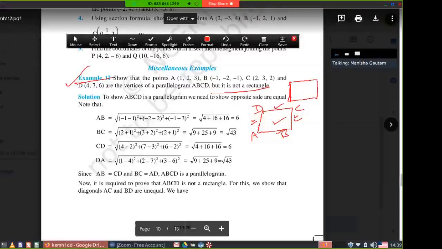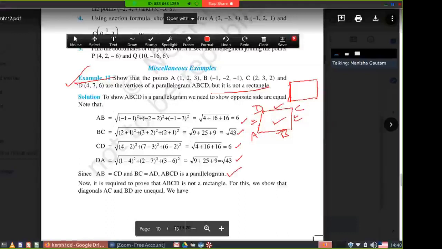What is the meaning of AB equal to CD? It means you have to calculate the distance from A to B by using the coordinates, and by showing that the distances are equal, the lengths of AB and CD are equal and AD and BC are equal. Here it is shown 6, 6, root 43, root 43. These are equal, so the opposite sides are equal. It shows that it is a parallelogram.